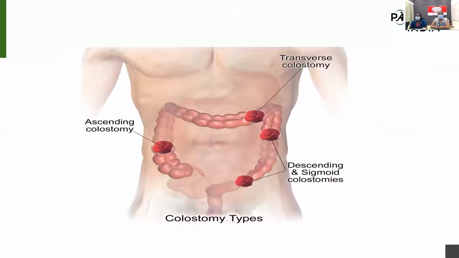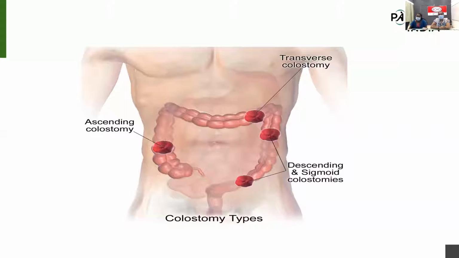Next. According to the location, colostomy is mainly of four types. That is ascending colostomy, which is on the ascending colon, then the transverse colostomy, on the transverse colon, descending colostomy in the descending colon, and sigmoid colostomy in the sigmoid colon.